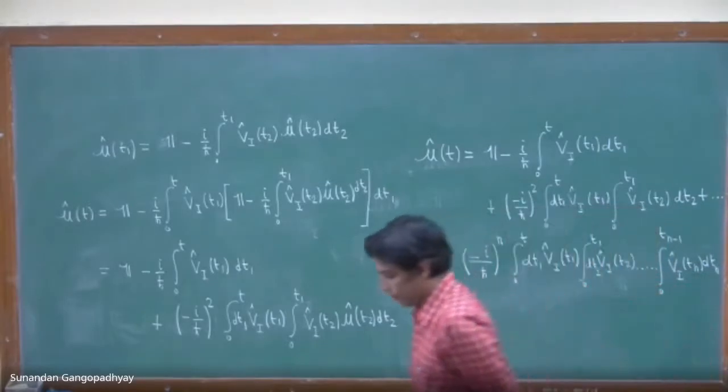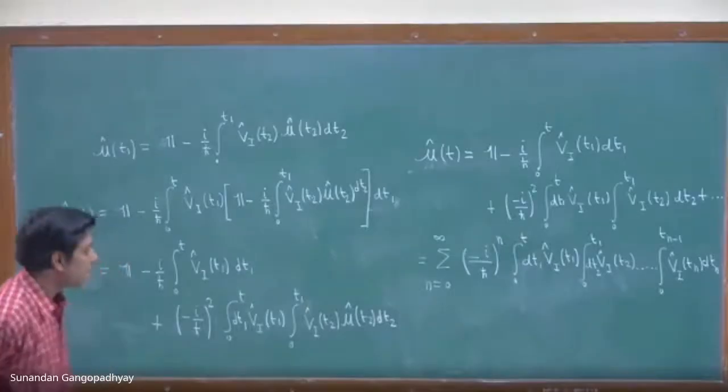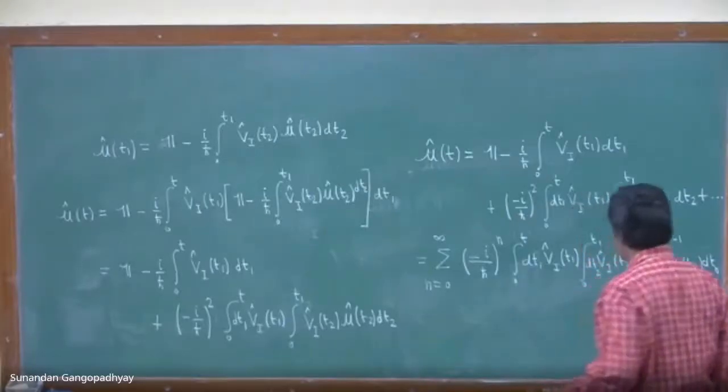Sir, the summation you wrote, it will only work if 0 to t dt1 V_I(t1) to the power n. In this form, this summation will work. But just repeat your question once more.